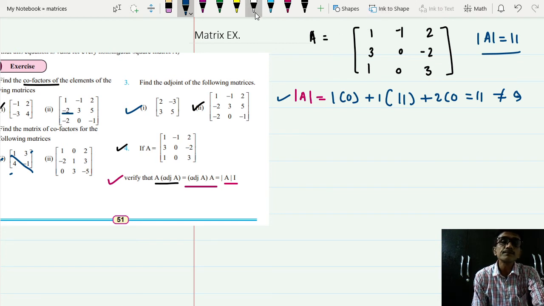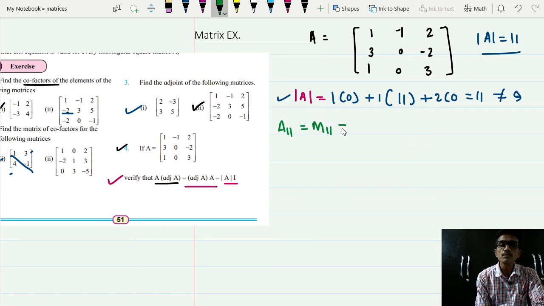Then after this we will find all 9 minors and cofactors. So all minors and cofactors we will find. A11 is equal to M11, which is 0. A12 is equal to minus of M12.